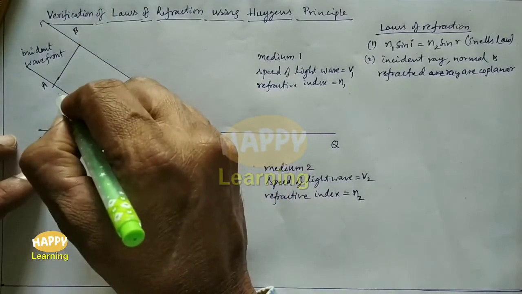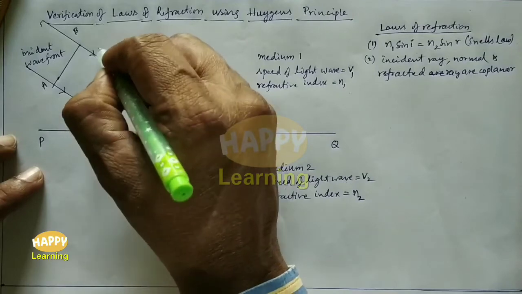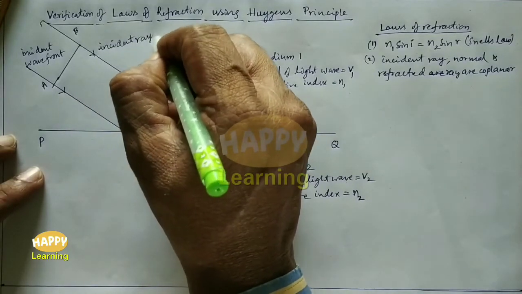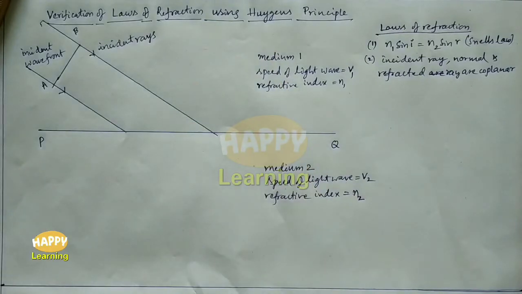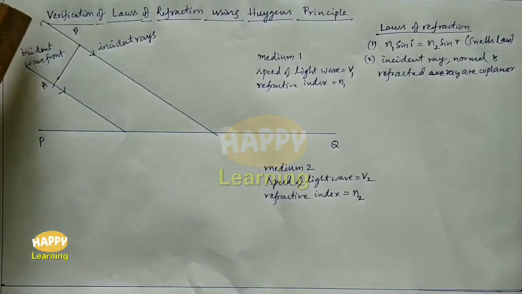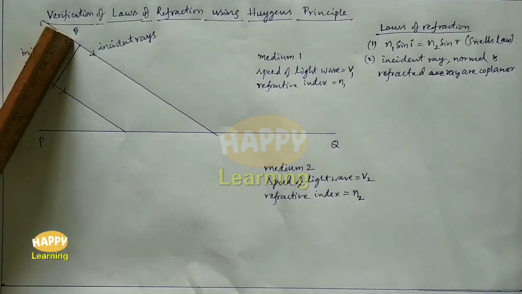Okay, these are incident rays. This AB wavefront is coming from infinity, so this is a plane wavefront.